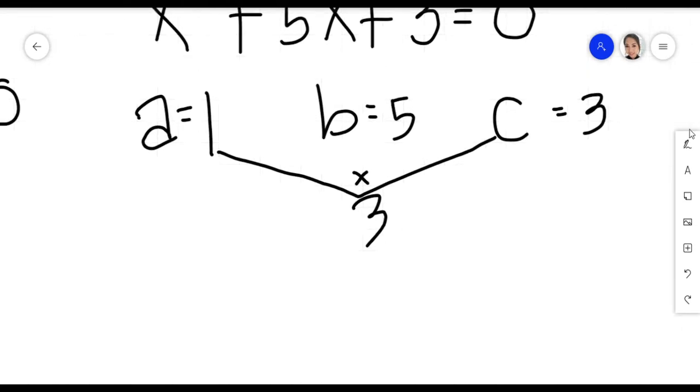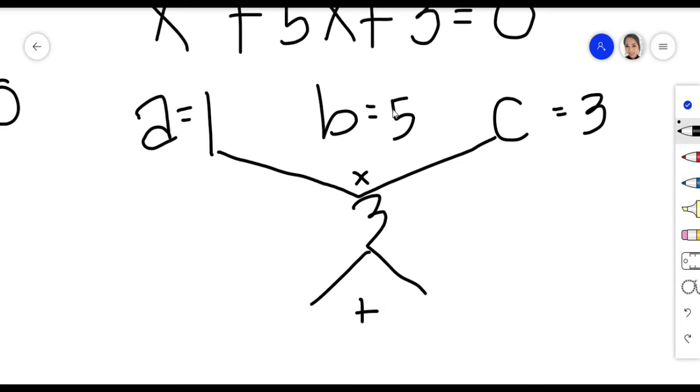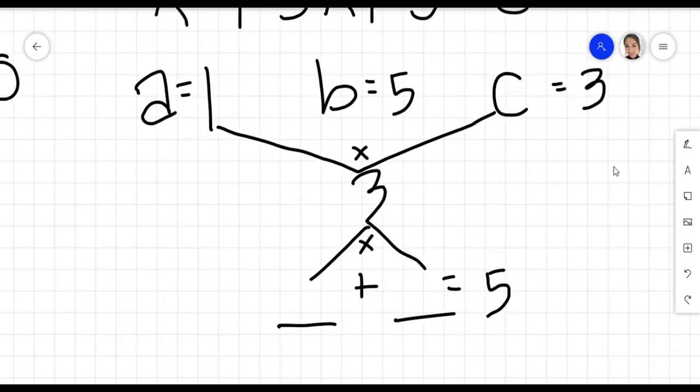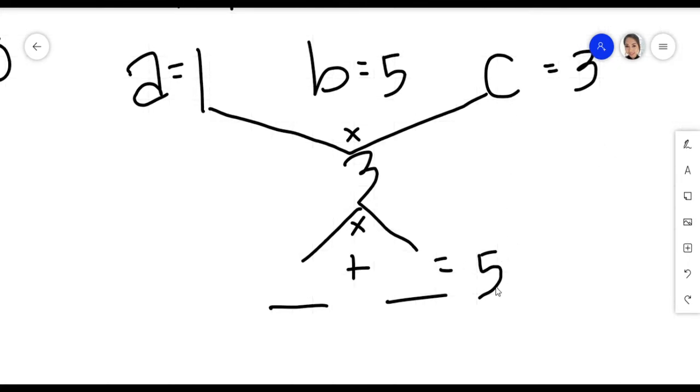And let's find two numbers that add up to our b, which is 5, and when multiplied will be 3. Can you think of two numbers where if we multiply them, it will be 3, but if we add them, it will be 5?